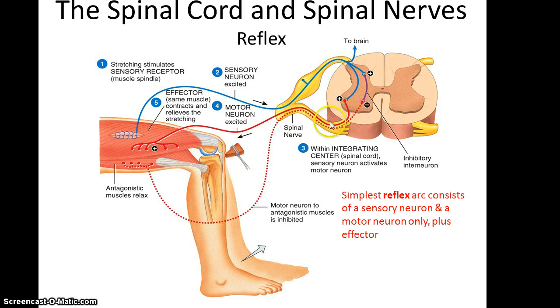These motor neurons then signal out to the effector. In this case, it would be the skeletal muscle of our leg, and we would kick our leg. So again, the simplest form of a reflex arc consists of a sensory neuron, a motor neuron, and its effector. And that's it for chapter 17.